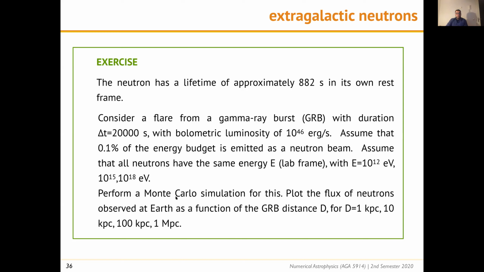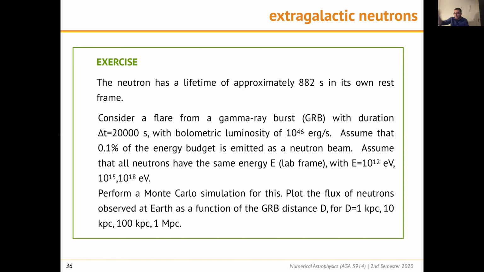So perform a Monte Carlo simulation for this, and plot the flux of neutrons observed at Earth as a function of the distance of this gamma ray burst. This distance should be 1 kiloparsec, 10 kiloparsec, 100 kiloparsec, or 1 megaparsec. This is something interesting, and it will give you some physical insights, which I'm not going to spoil, but after you do it, you're going to see that something physically interesting comes out.